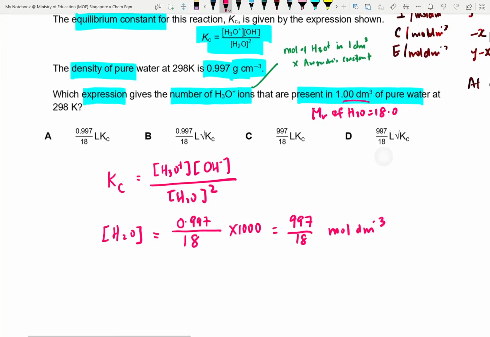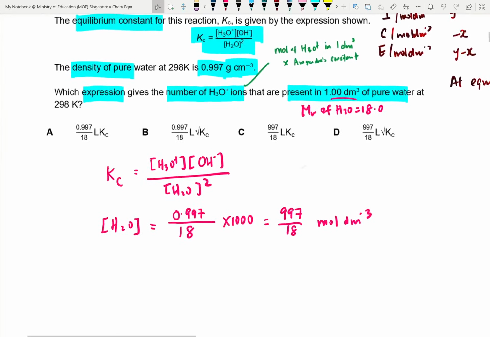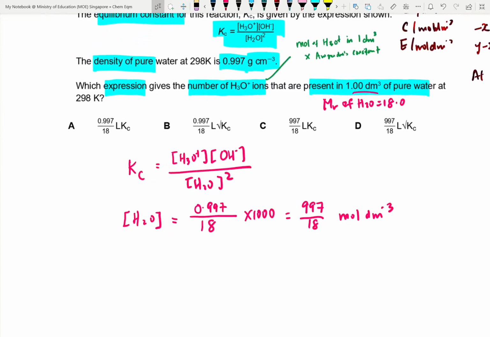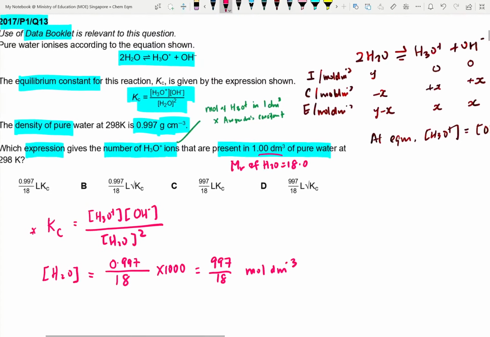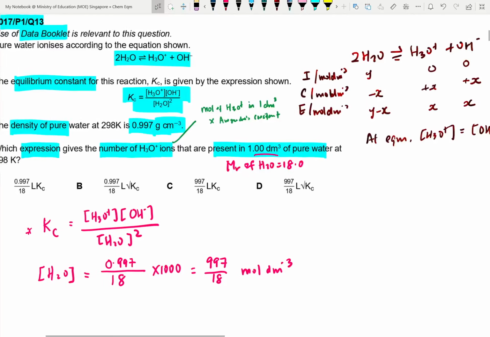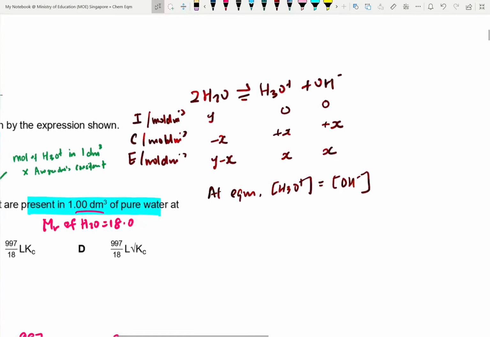Then I can manipulate this expression in order to determine the concentration of H3O+. To do that, you need to understand the relationship between the concentration of H3O+ and OH- at equilibrium. If you draw out the ICE table, it is very obvious that at the start of the reaction, the concentration of these two will be 0.